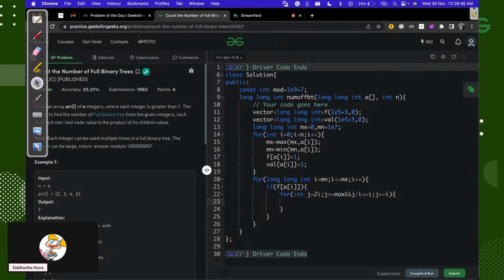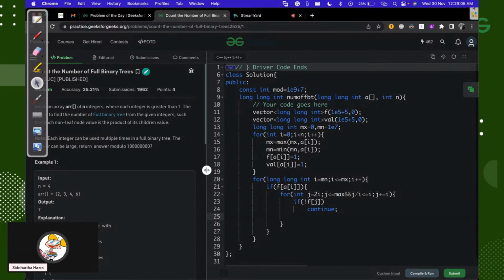Now, if this particular frequency, that is, if f of j is not there, then we don't do anything. We would simply say continue from this point. That means just skip this part. Just learn about continue if you don't know.